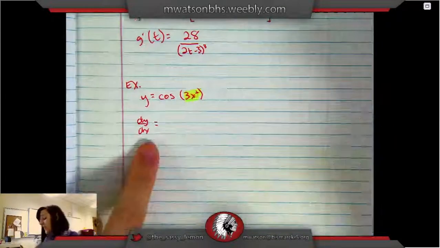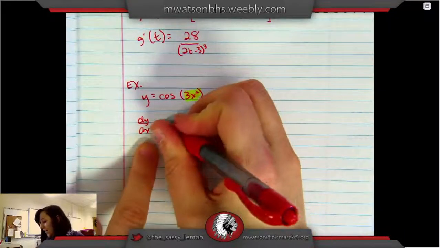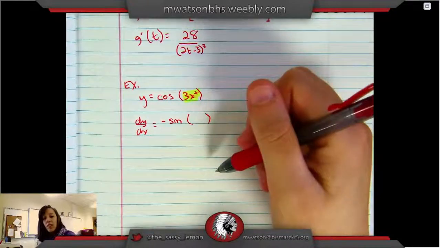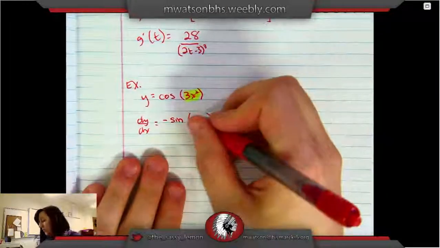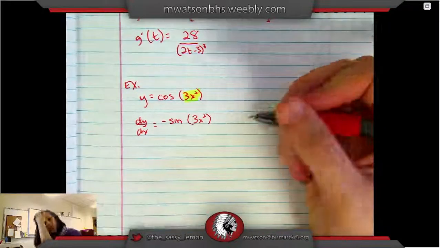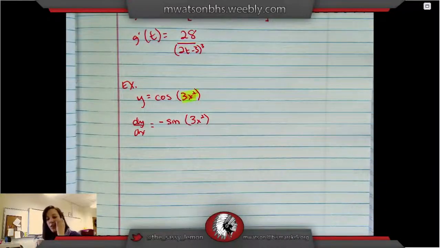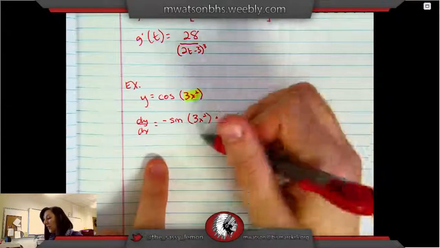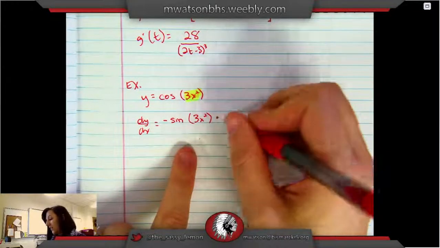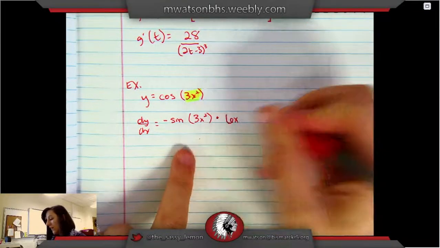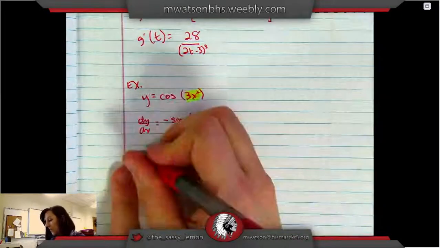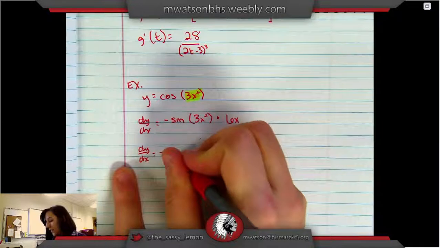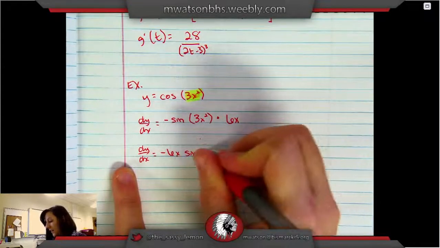Well, the derivative then would be negative sine of, and whatever's in your argument, which here is 3x squared. So we're just skipping the actual u substitution part. And then we're going to multiply it by the derivative of what's inside. And what's inside's derivative would be 6x. And then we just clean up. Negative 6x sine of 3x squared.